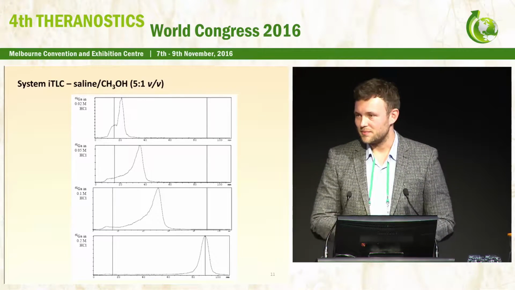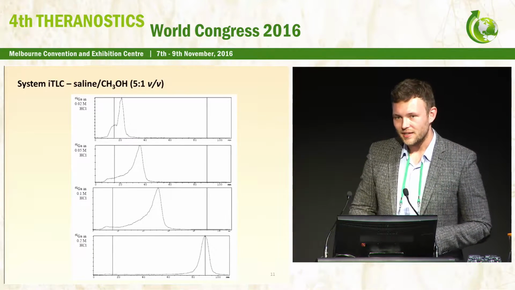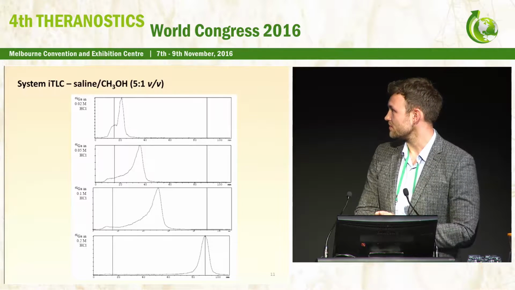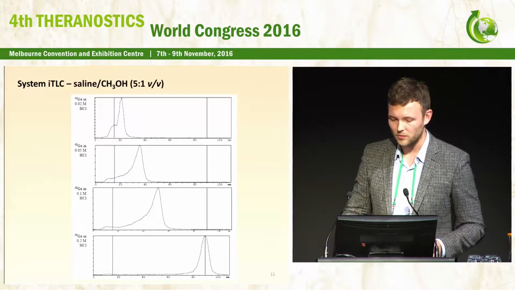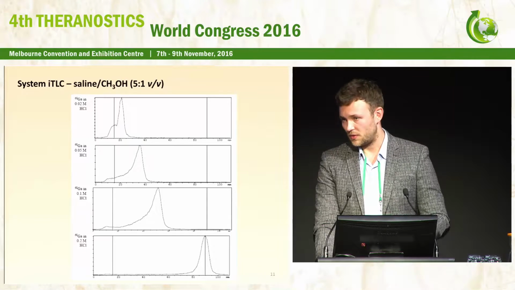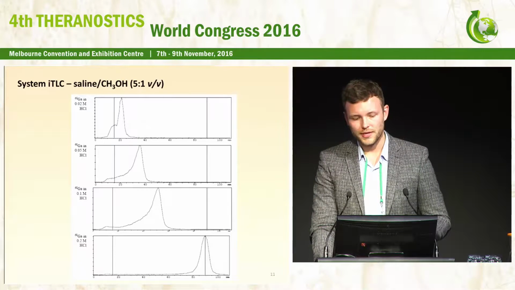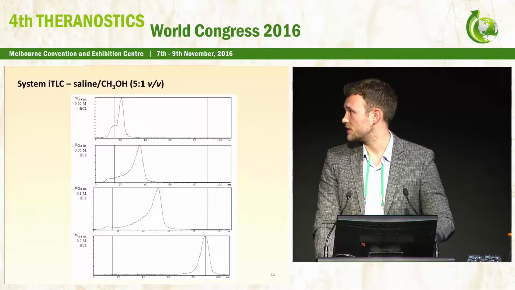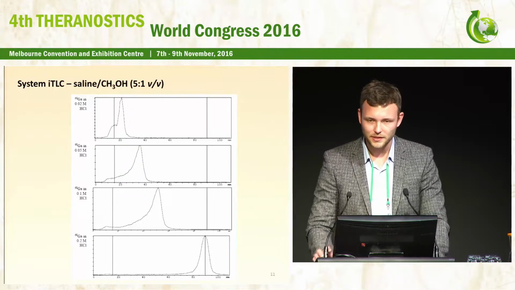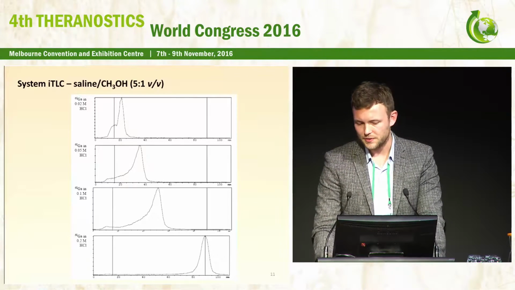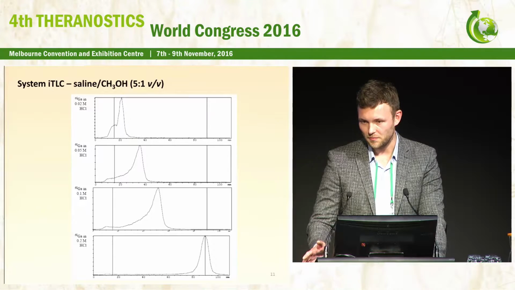But again, this system is a little tricky with respect to free gallium, because if you put the stock solution of the gallium generator eluate in this system, you will see the main signal with a retardation factor of around 0.5.